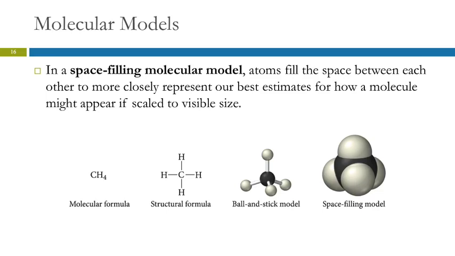So here is an example of a ball and stick model for methane. This is the molecular formula, CH4. Here's the structural formula telling us that there's a carbon in the center and all 4 hydrogens are bonded directly to the carbon. Not understanding the characteristics of these elements, there are lots of other ways that you could put these two elements together.